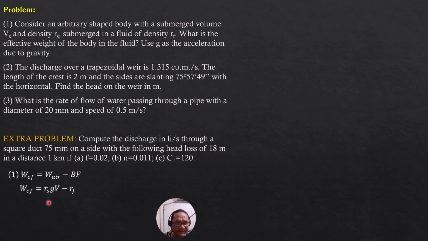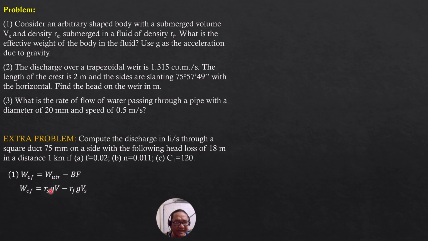So weight effective therefore is the weight of the body in air, which is specific weight of the body in air, which is density times G. To make it specific weight, we multiply the density of the body by the acceleration due to gravity. So this is R sub S G, which is the specific weight of the body.